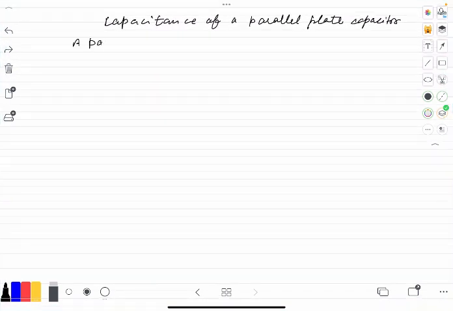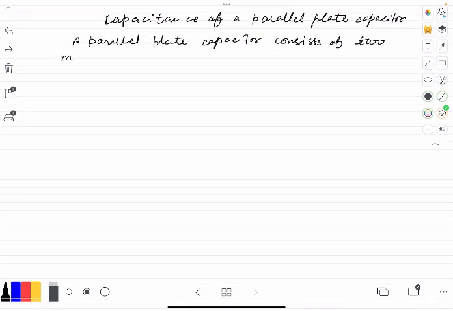A parallel plate capacitor consists of two metal plates A and B, which are held parallel to each other.